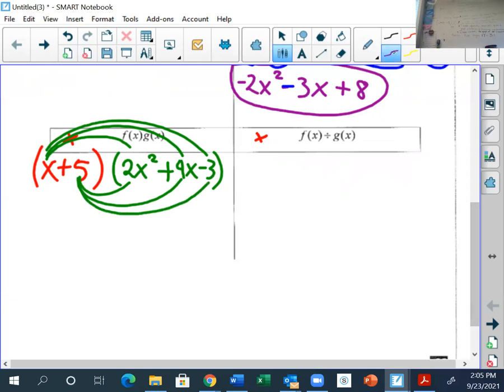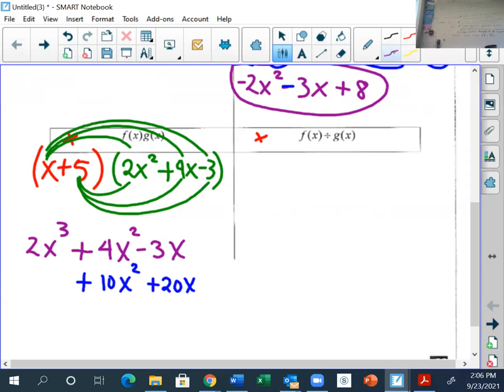So x times 2x squared gives you 2x cubed, plus x times 4x gives you 4x squared. x times negative 3 gives you negative 3x. For the 5, 5 times 2x squared gives you positive 10x squared. 5 times 4 gives you plus 20x. 5 times negative 3 gives you negative 15.